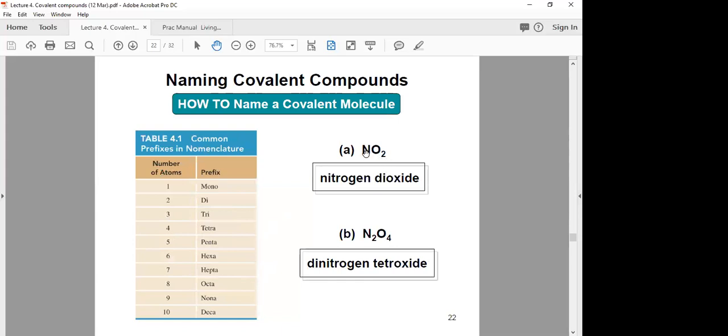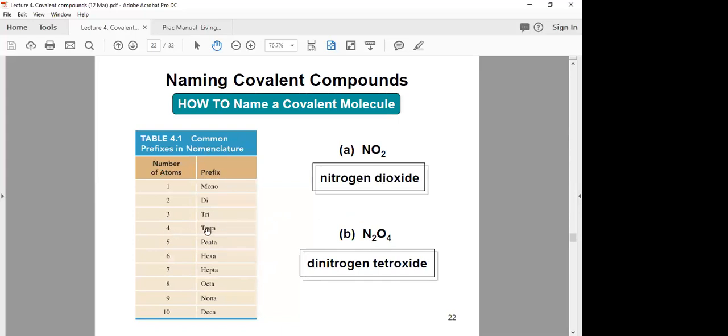All right, so let's go back to our 2 examples. NO2, so the N, of course, we can just call that nitrogen. We don't have to say mononitrogen. And we have 2 oxygens in this particular molecule, so we use the prefix di, and the name becomes nitrogen dioxide. Our second example contains 2 nitrogens, so we need to specify that in the name, use the prefix dinitrogen. 4 oxygens, what prefix do we use?